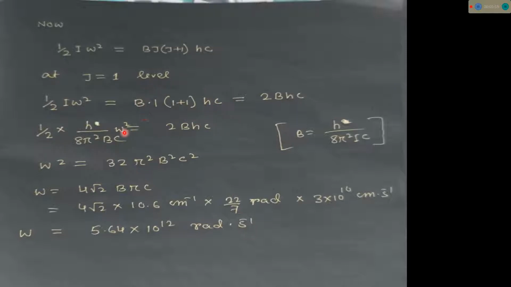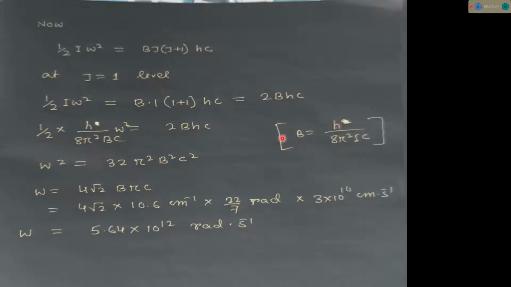From these calculations we find omega equal to 4 root 2 B pi c. Since B equals h upon 8 pi square I c, we can write I equal to h upon 8 pi square B c. We just put the value of I from this expression.